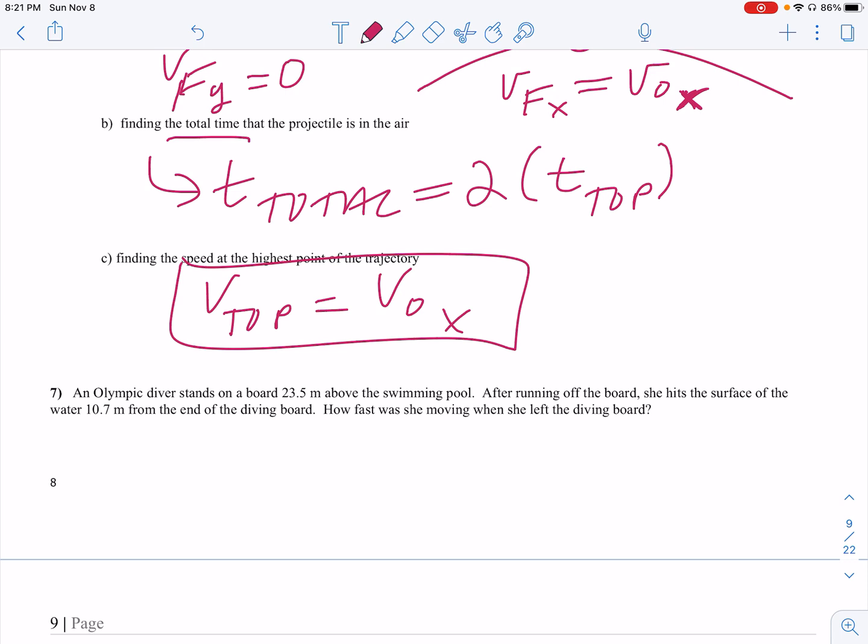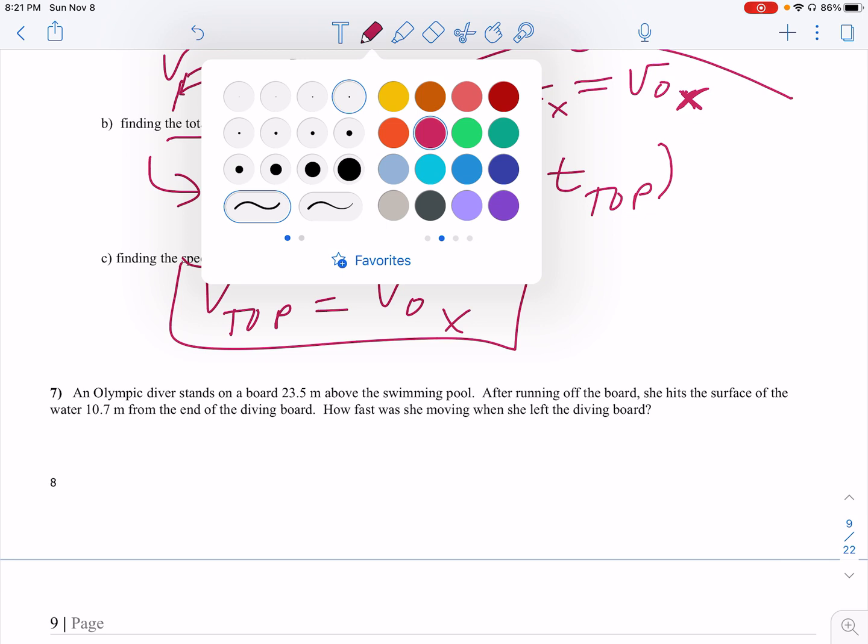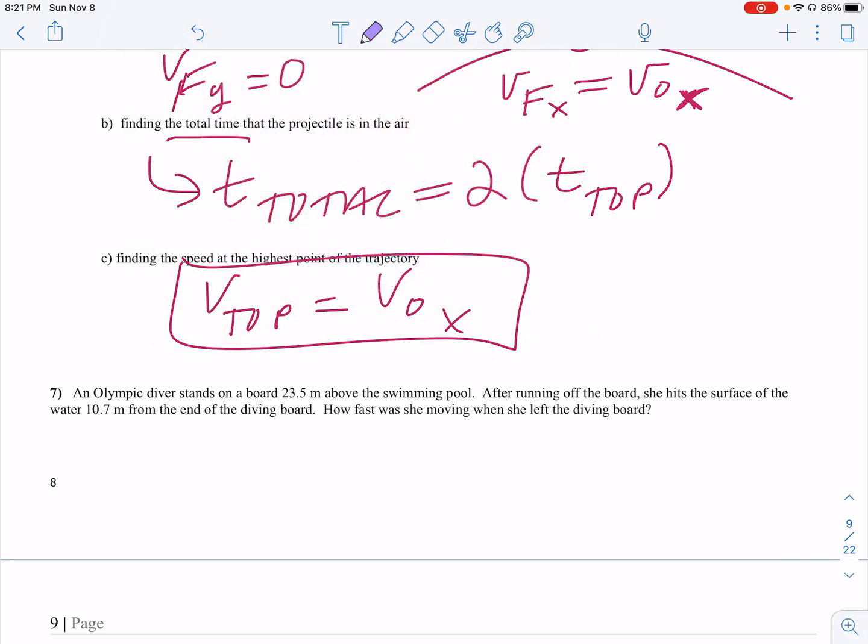Okay, so we're going to do a problem right now. Let's draw a picture. So he's going to run off the board and jump. So dy is negative 23.5, right?